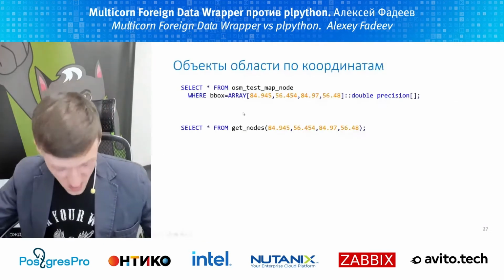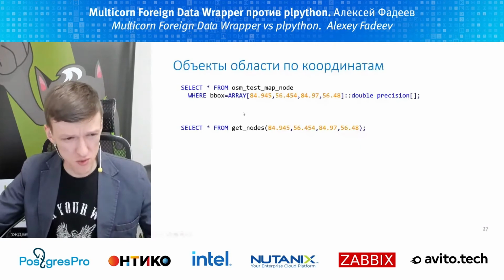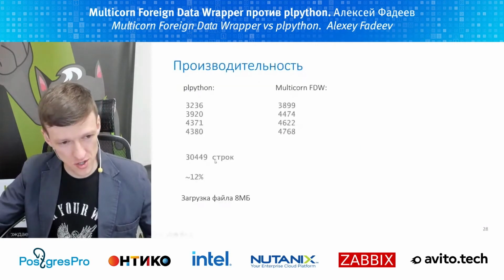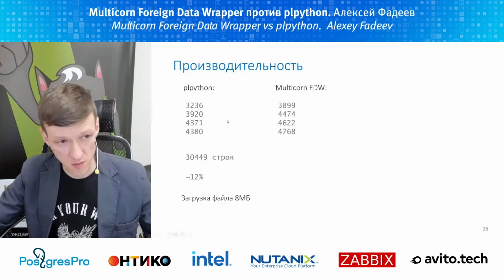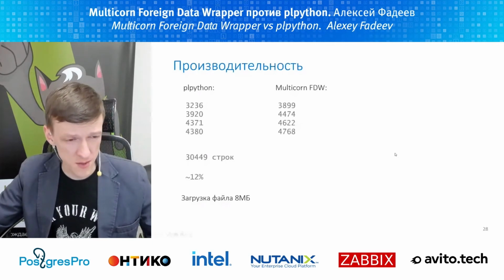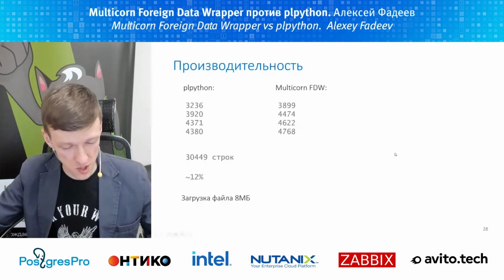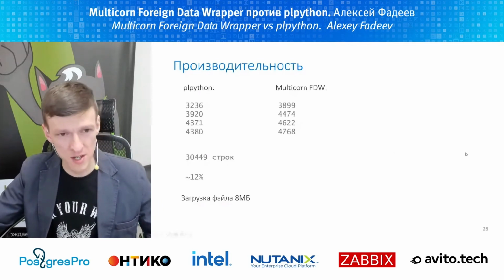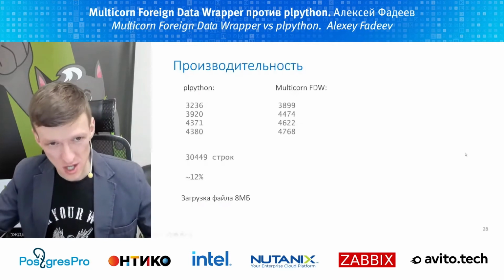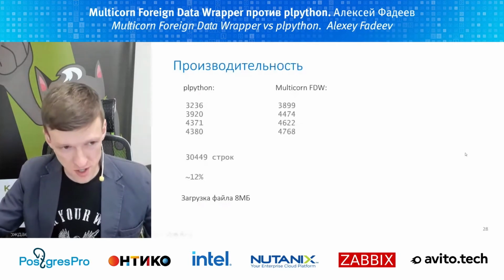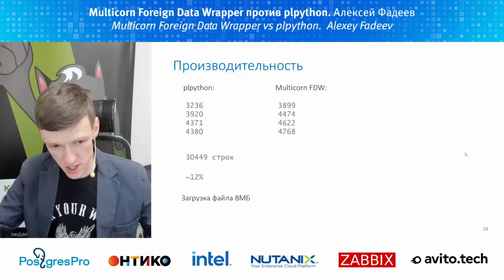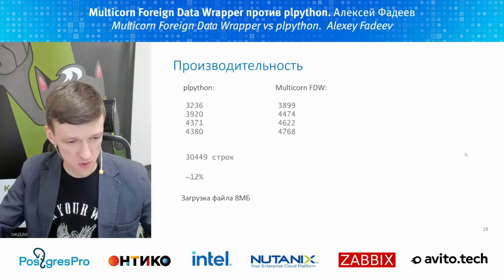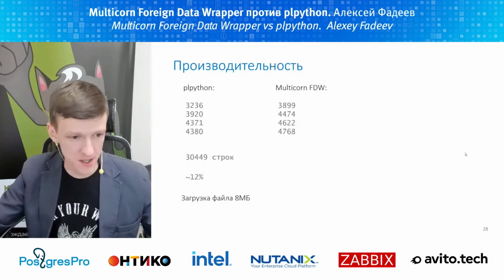And I decided to compare the performance. I took a slightly bigger area on the map with over 30,000 lines. I called upon them several times, and these are the milliseconds for PL Python and Multicorn. We see that PL Python is slightly faster, and we see a distribution. I then understood that I didn't measure accurately because these measurements include receipt of data, because it takes the server time to form the data, about 8 megabytes that we attract.